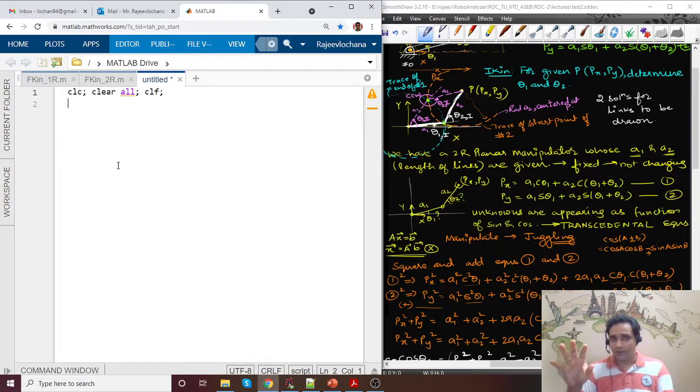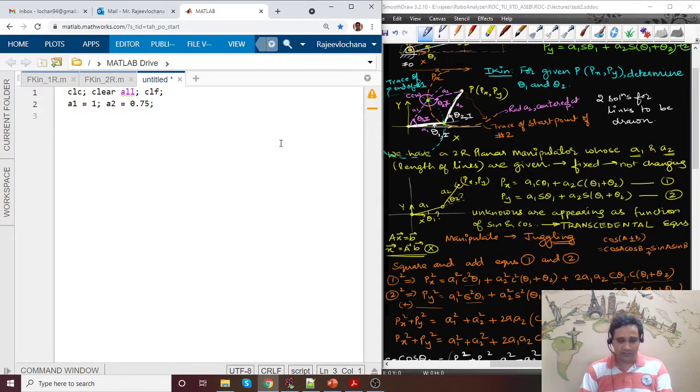We are going to take what are the inputs, what are the equations we solve, and what are the outputs. So the inputs are the link lengths given to us, say A1, let's take it as 1 unit, A2, let me take it as 0.75 units. These are the inputs of the 2R planar manipulator, A1 and A2.